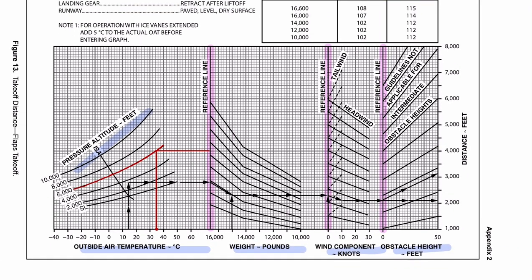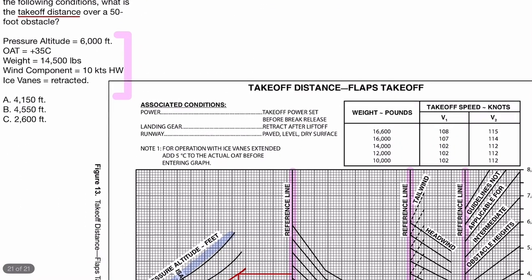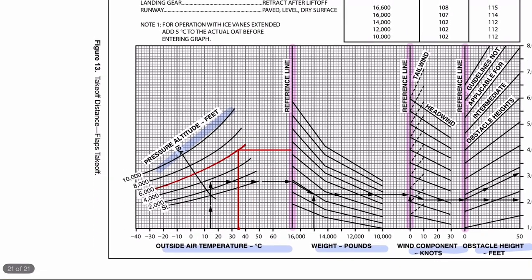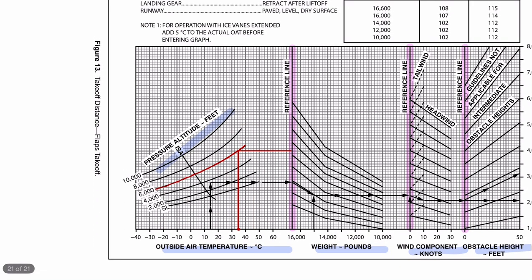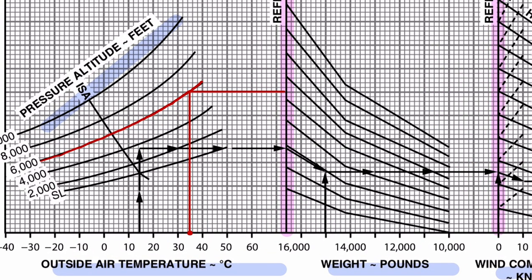Once we're at this new reference line, we're going to now account for our weight, and that was 14,500 pounds. So I like to draw a reference line, and I'm going to draw that at 14,500 pounds. Zooming in, we can see here's 16,000, this is probably 15,000, and then 14,000.